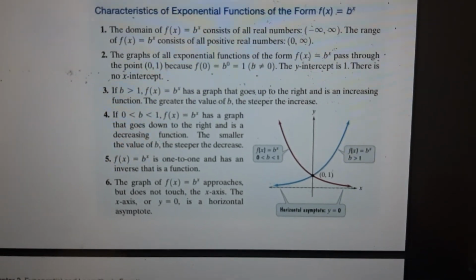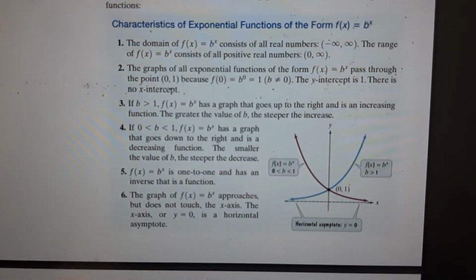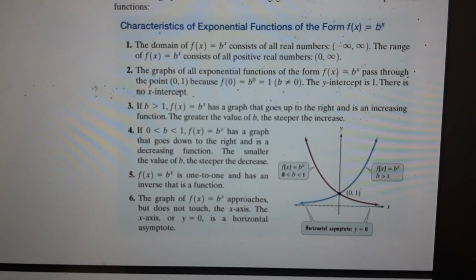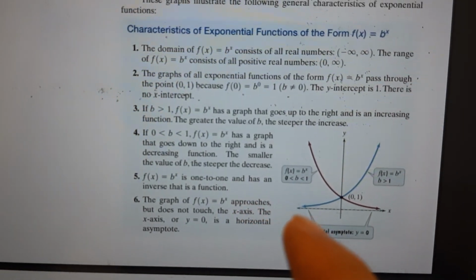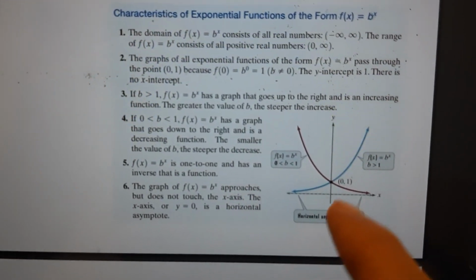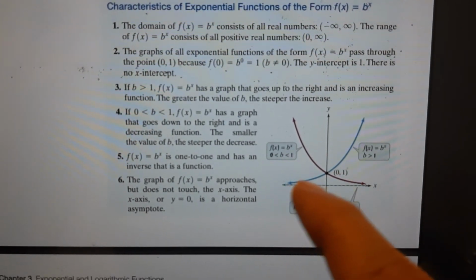Point number 3, if the base, b is the base, is greater than 1, then the graph will be going up from left to right. So this is when my base is a number greater than 1.